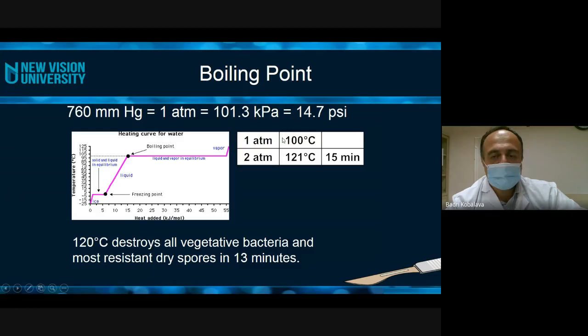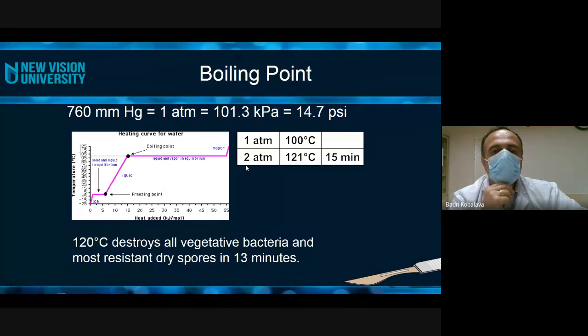But 100 degrees Celsius is not enough to kill all the bacteria, fungi, spores, and viruses. We need 120 degrees. How to force the water to rise its temperature to 120? It's easy. We must increase atmospheric pressure.